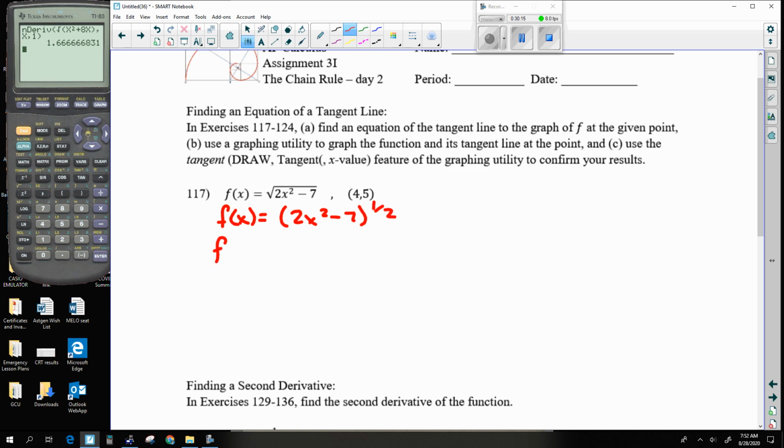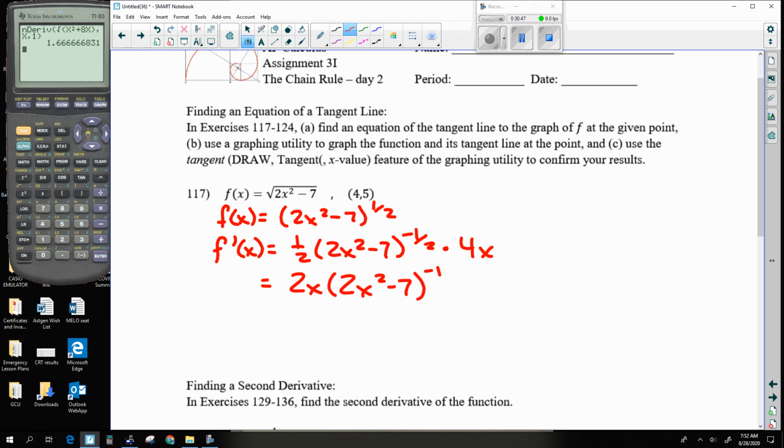So the derivative, no, I'll write it how I like it first, 2x. And I like this stuff, the negative exponents. Mathematically, that's easier to get.